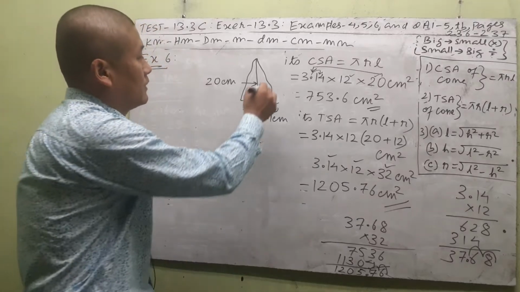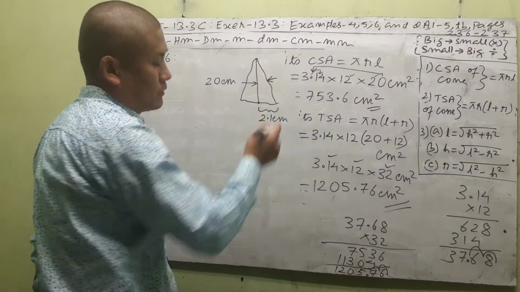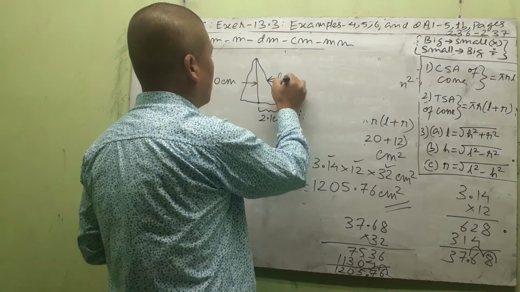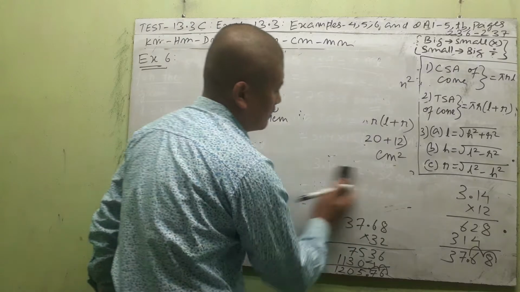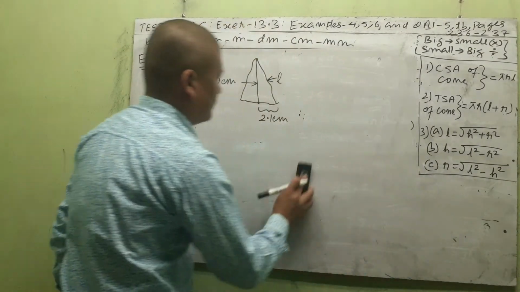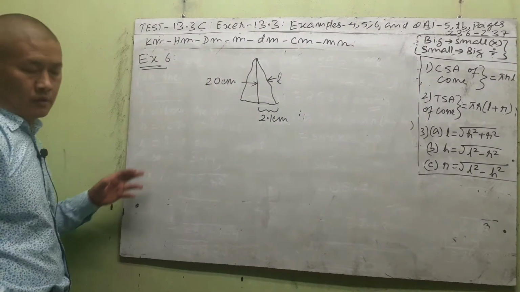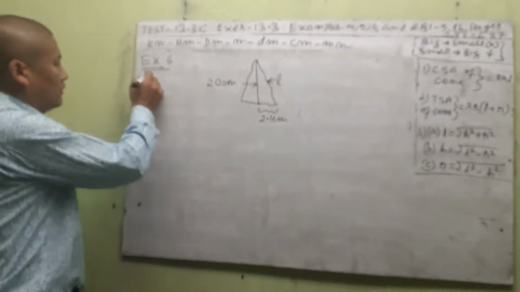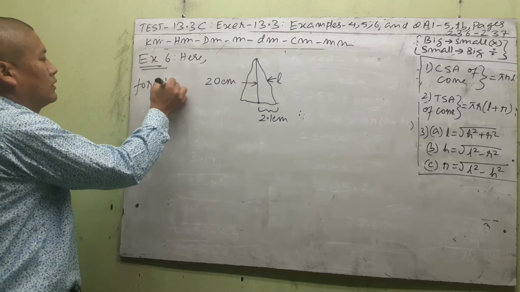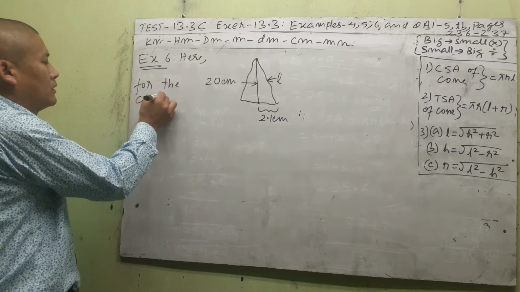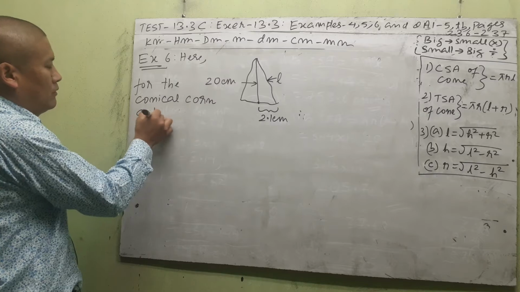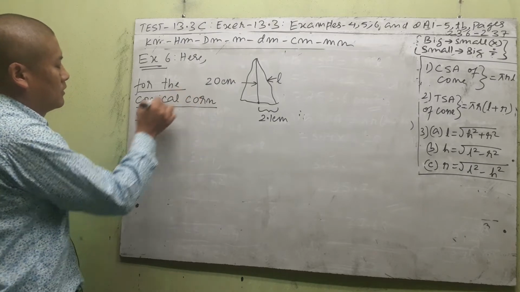So we need the curved surface, because the grains of the corn will be only on the curved surface, right? So let's do this slowly. First we need to find the curved surface area on which the grains are located, for the conical corn cob.